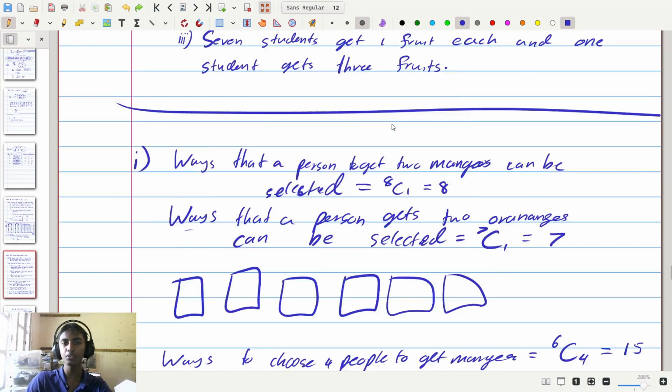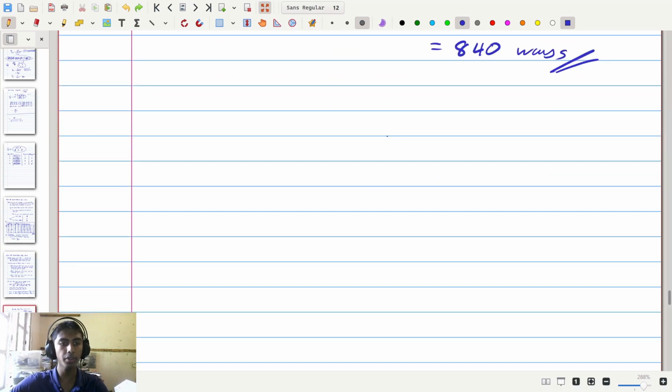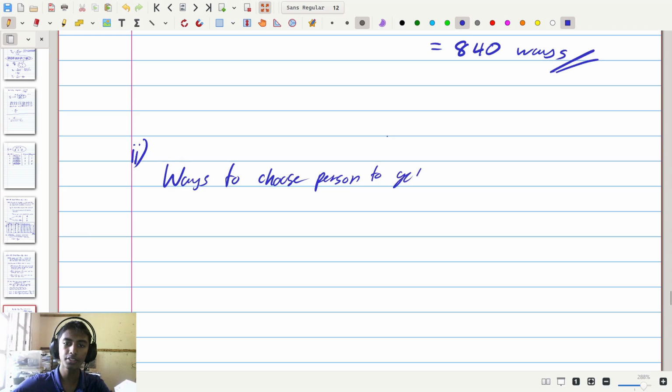So once again, using that logic, if we go down here and solve question number 2, the number of ways to choose the person to get the 3 mangoes, which is the special case, is the different number of ways that we can choose one guy from 8 total people, which is 8 choose 1, which is 8. So the different number of ways we can choose the one person who gets the 3 mangoes is 8.